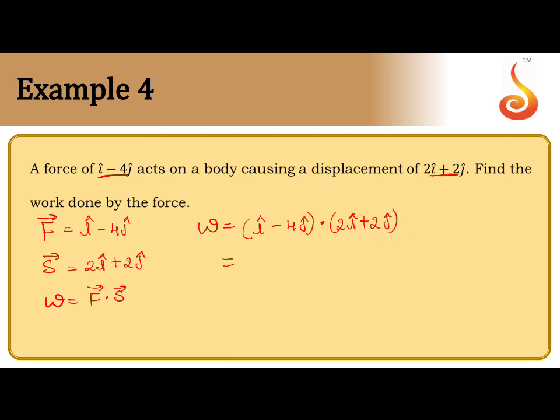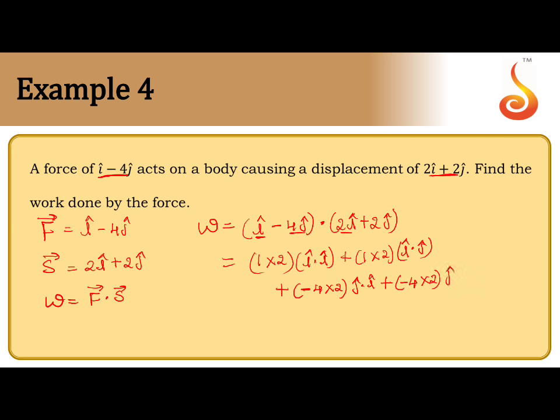When I multiply first these two, 1 into 2, i dot i, plus 1 into 2, i dot j. Now take this term, plus minus 4 into 2, j dot i, plus minus 4 into 2, j dot j.